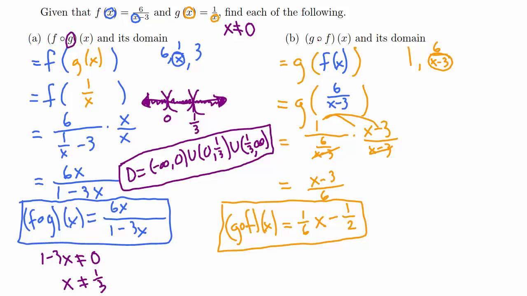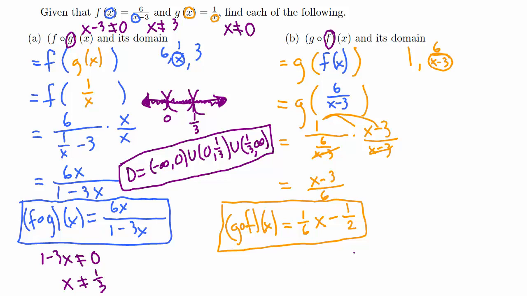Now let's look at the domain for B, which means we need to look at the second function that's listed here, which again is f. So if I look at the f function, again it's a rational function, so we need to set the denominator x minus 3 not equal to 0. Solve it by adding 3, so x is not equal to positive 3. Now that's for f.